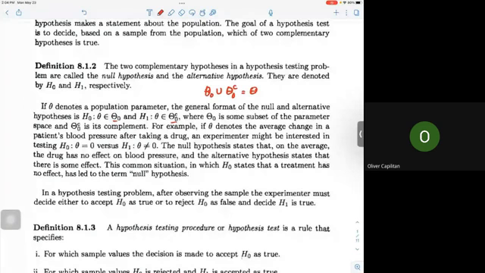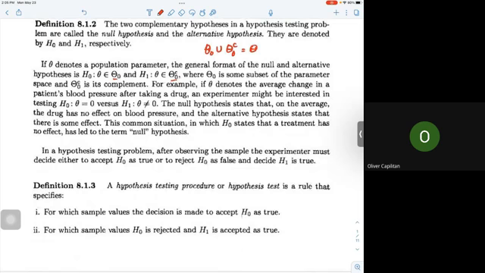The null hypothesis states that on the average, when theta is equal to 0, the drug has no effect on the blood pressure. Take note that our theta is the average change in the patient's blood pressure. So if it is equal to 0, then the drug has no effect on blood pressure. And the alternative hypothesis states that there is some effect. This common situation in which the null hypothesis states that the treatment has no effect has led to the term null hypothesis.